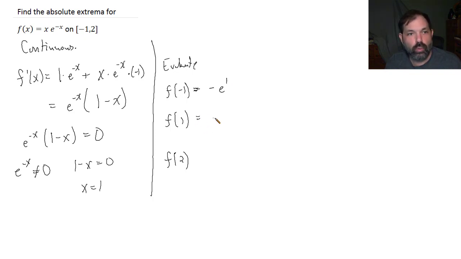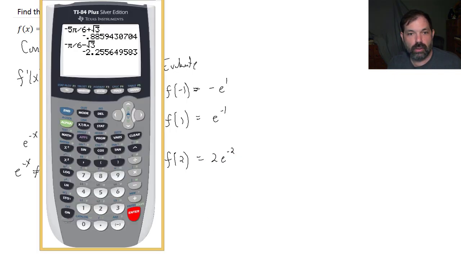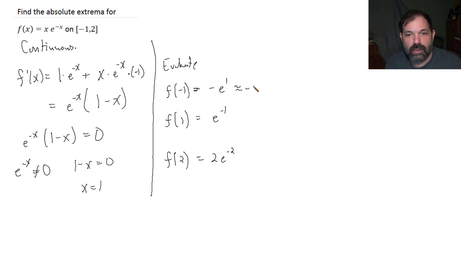F of 1 would be e to the negative first power. F of 2 would be 2e to the negative second. Now, I'm not good at approximating that exponential in my head. I know e to the first power is about 2.718, so I know this one is approximately -2.718. And I know that's going to be the minimum because it's the only negative value, since e to a negative power is positive.